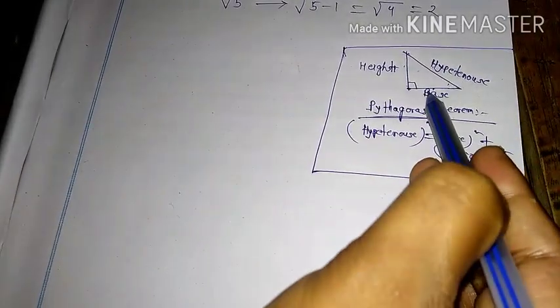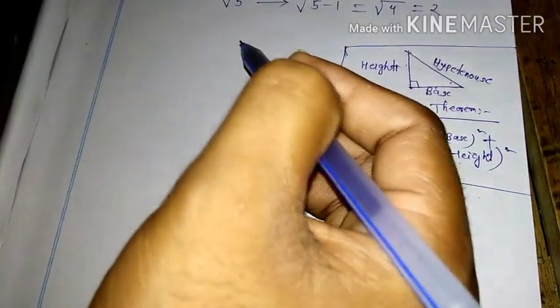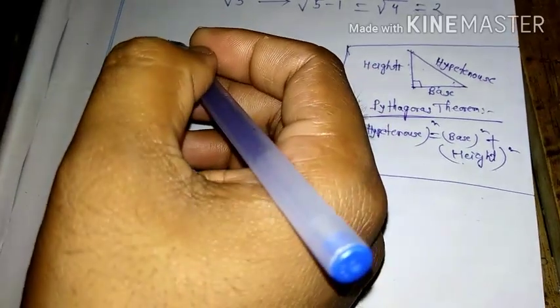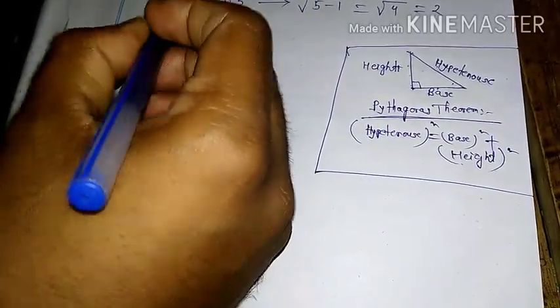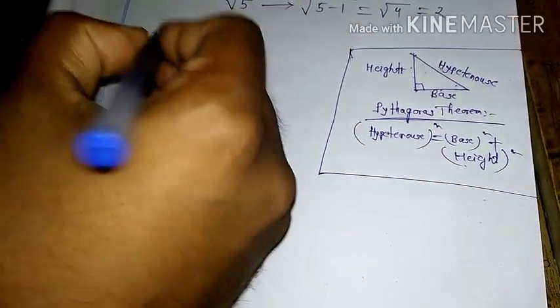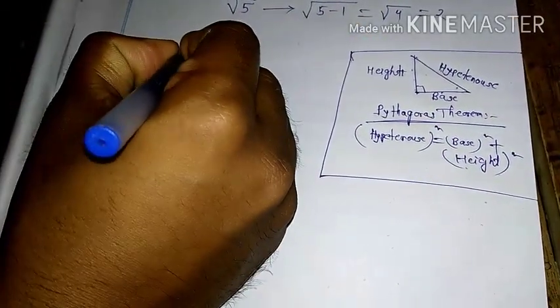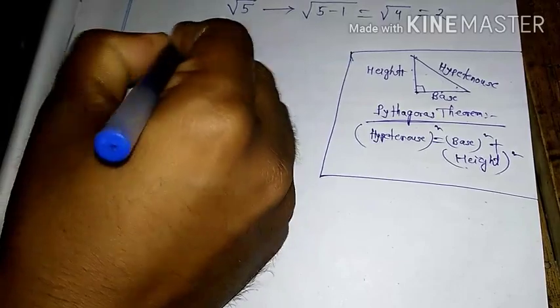This theorem we use to locate an irrational number on the number line. So first I locate root 2 on the number line.